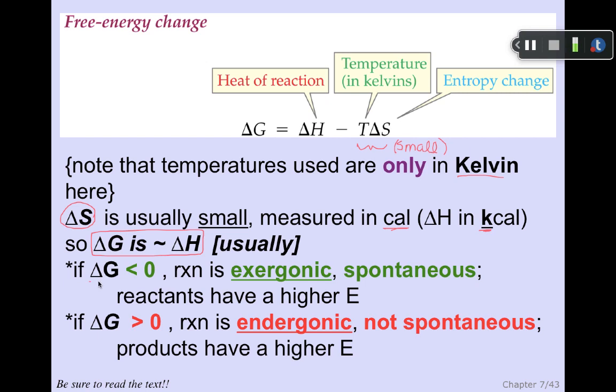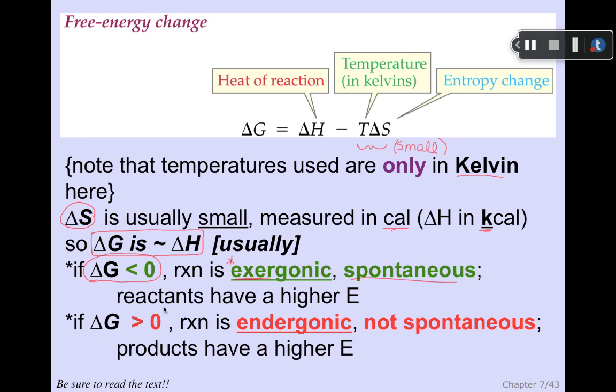The bottom line is this. If delta G is less than 0, a negative value, the reaction is described as exergonic, which is analogous to exothermic, but more specifically, spontaneous. So negative values are described as exergonic reactions, and the reactants are going to have a higher energy than the products.